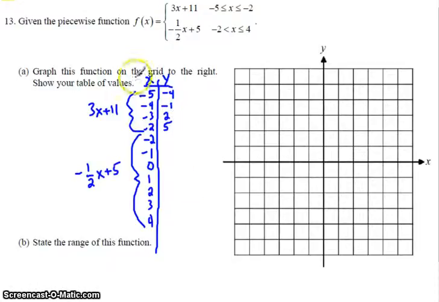So I can graph this part of it. -5, -4, and it's a closed circle there because it's got an equal sign here. Then -4 is -1, -3 is +2, and -2 is 5, and that's a closed circle because that's an equal.